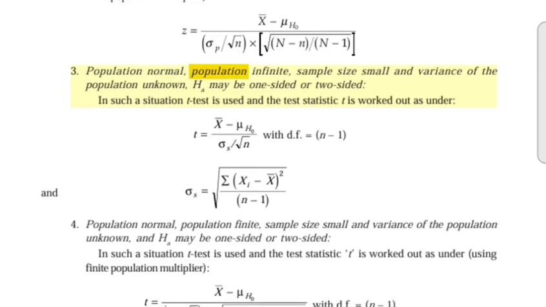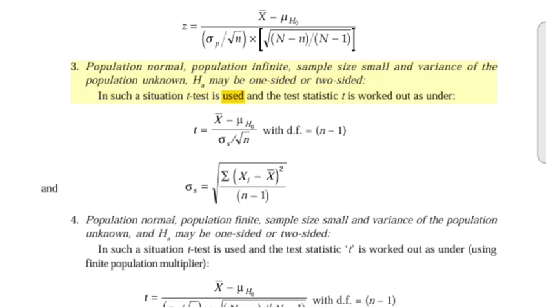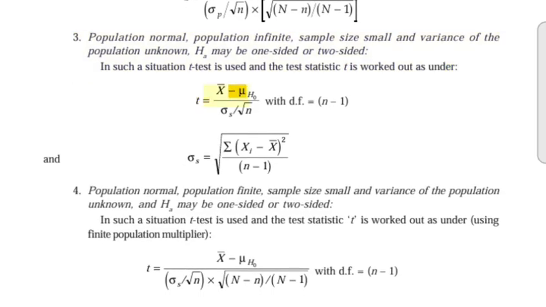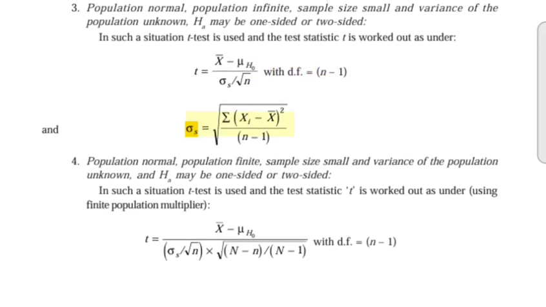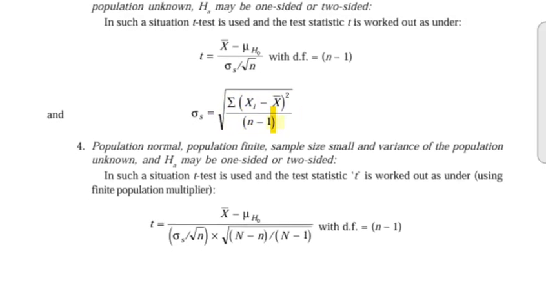3. Population normal, population infinite, sample size small and variance of the population unknown, Ha may be one-sided or two-sided. In such a situation, the t-test is used and the test statistic t is worked out as under: t = (X̄ − μH0)/(σs/√n), with d.f. = n − 1. 4.